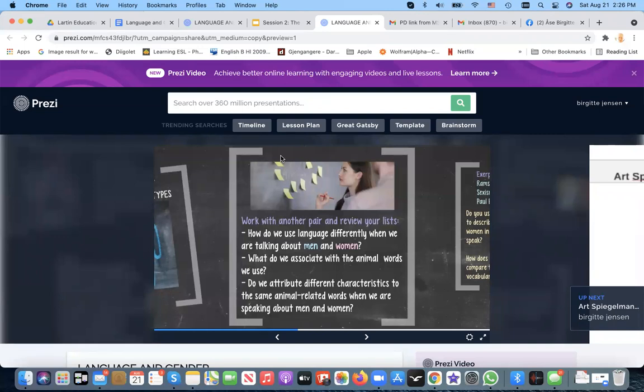So there's a pattern, as you saw in the reading that you read for today. And the pattern is that we tend to associate in English cutesy young animals with young women, right?